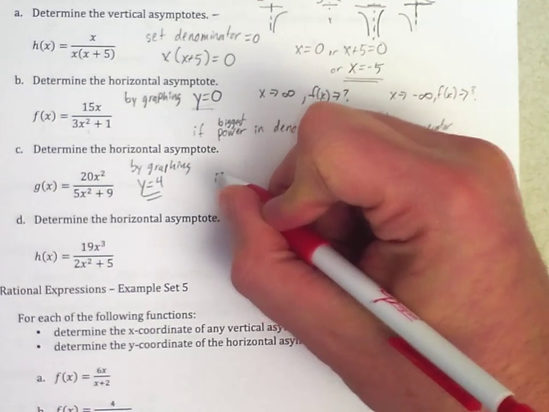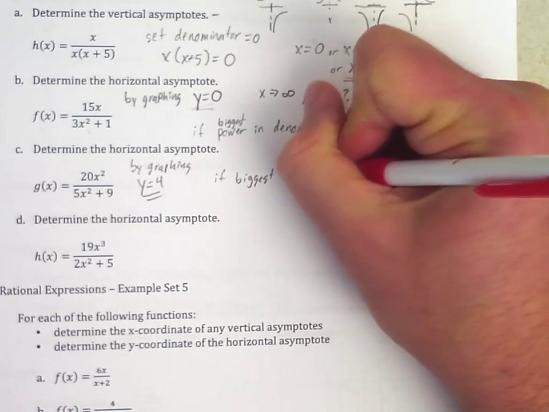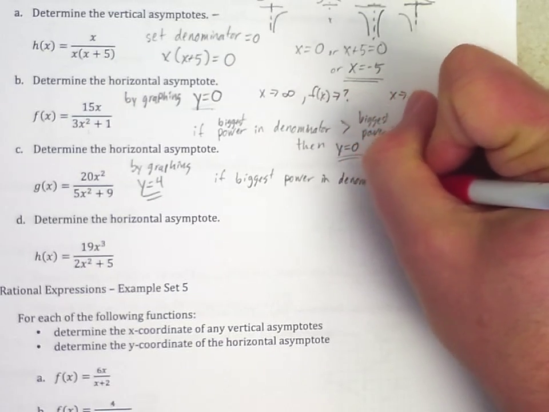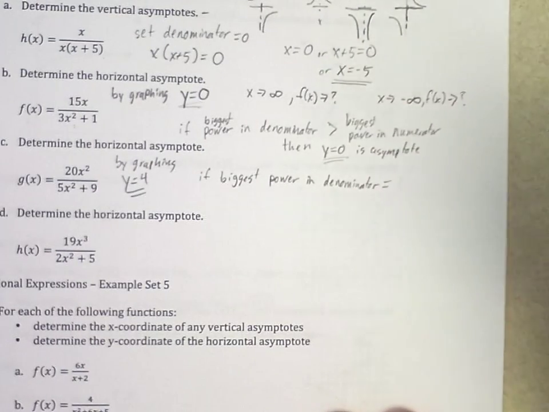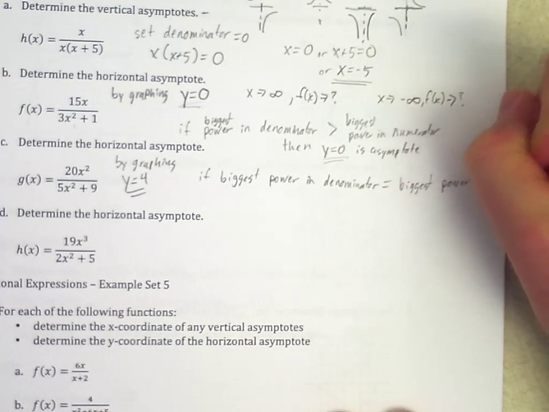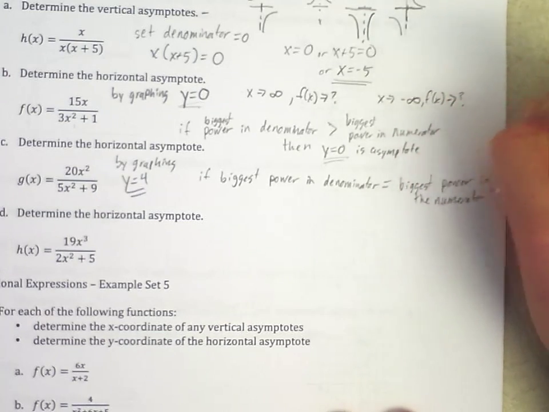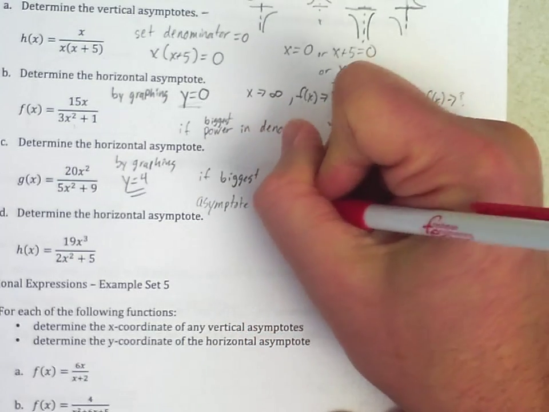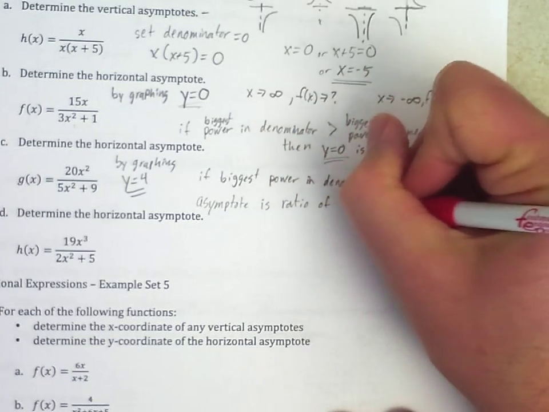So if the biggest power in the denominator equals the biggest power in the numerator, the asymptote is the ratio of the coefficients.